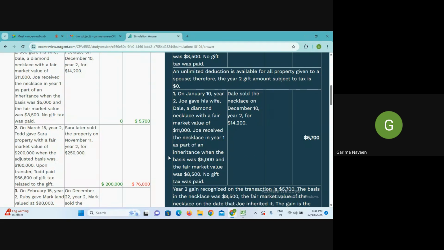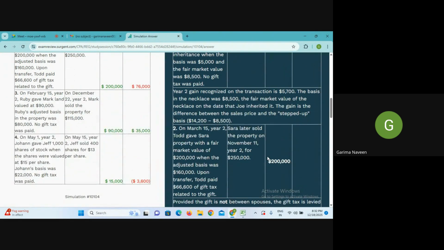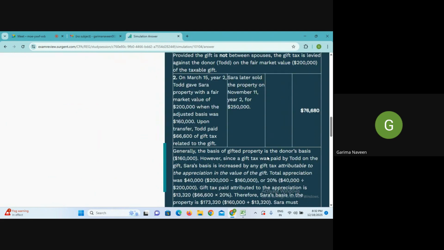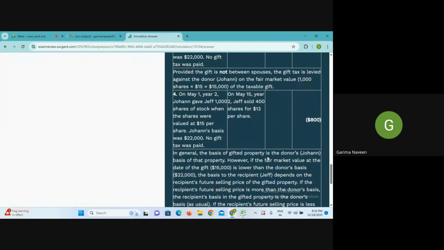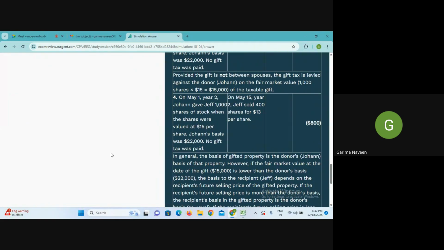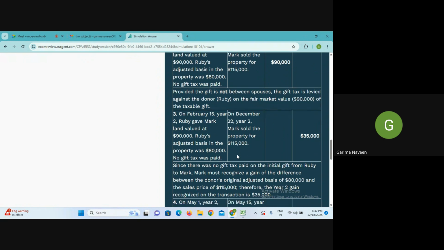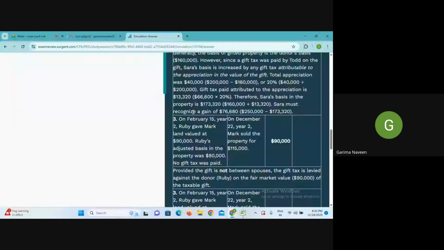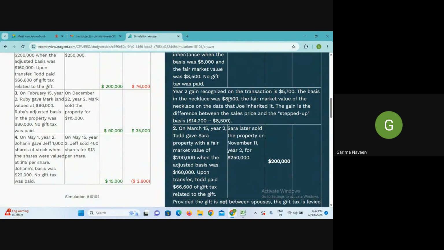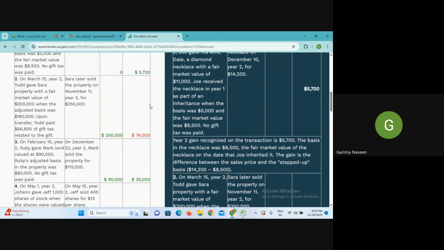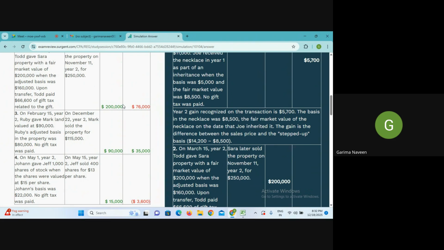Okay, so let's look at the second question first. First is correct. First and third are correct. Then the second part.